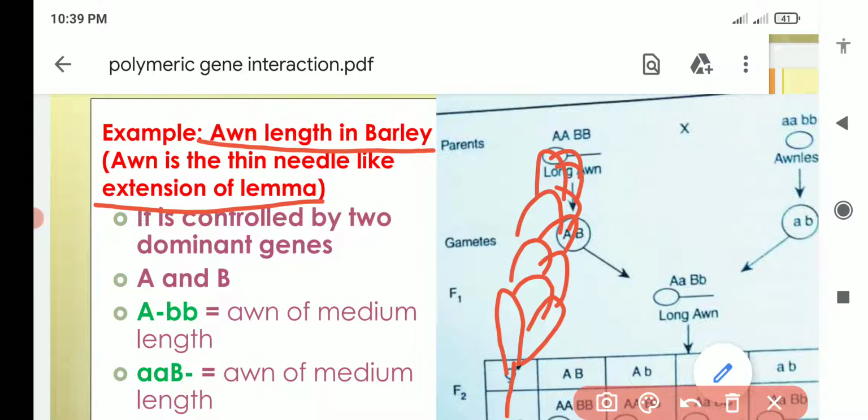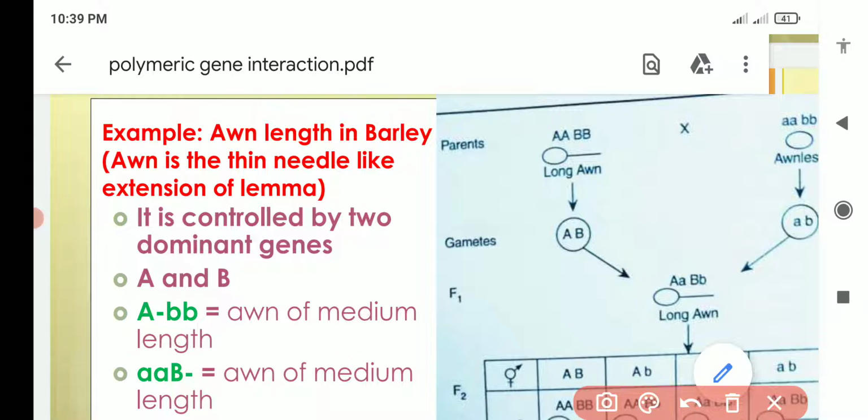On a single spikelet there is this type of needle-like extension. In each and every spike this needle-like structure is observed, and it is known as awns. So the awn length is governed by two genes in barley, that is capital A and capital B.